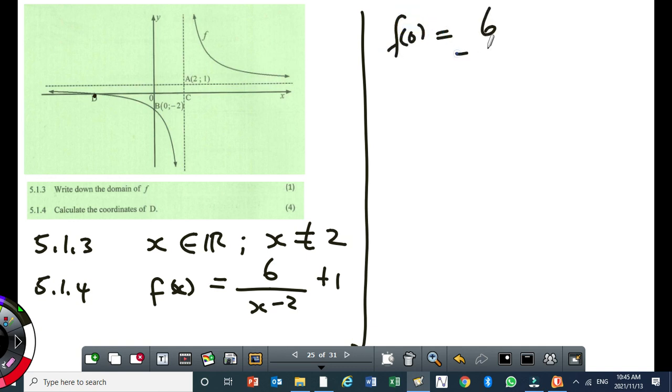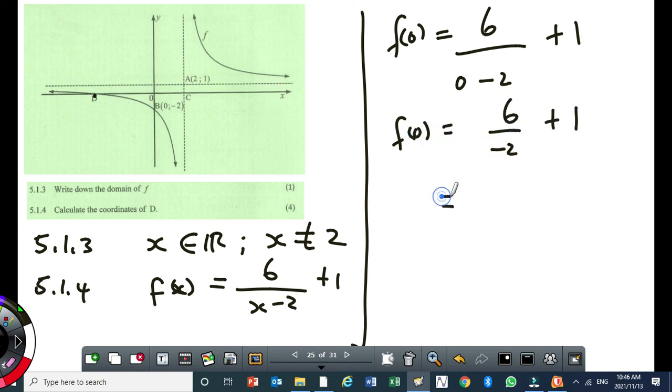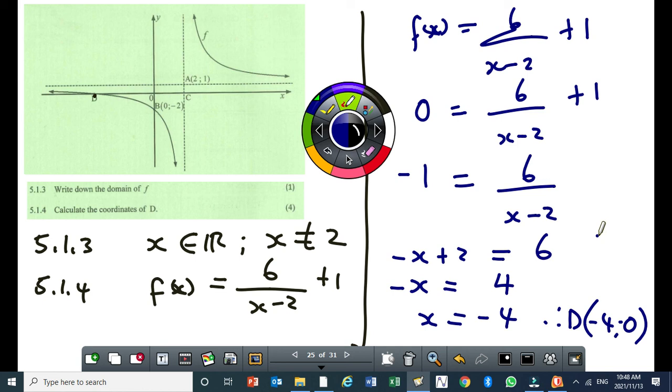So that will be 6 divided by 0 minus 2 plus 1. f(0) equal to 6 over minus 2.